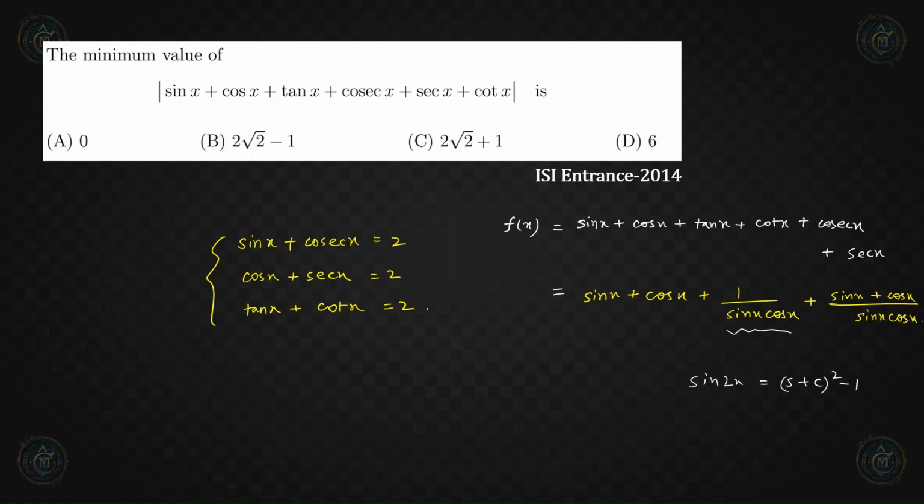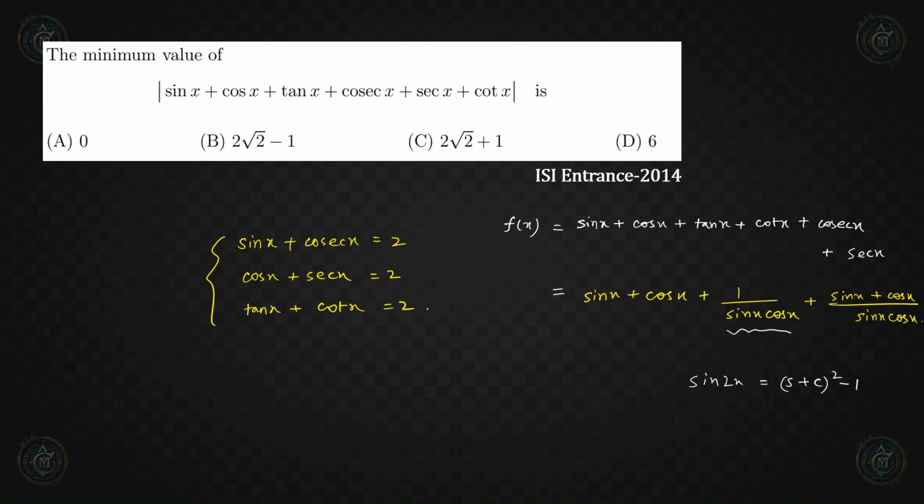We know this identity comes in use in the chapter of integration, where we have to substitute sine plus cos equal to some variable, t, let's say. In this case, we have sin 2x equal to 2 sin x cos x. That means we can write sin x cos x in terms of sine plus cos.